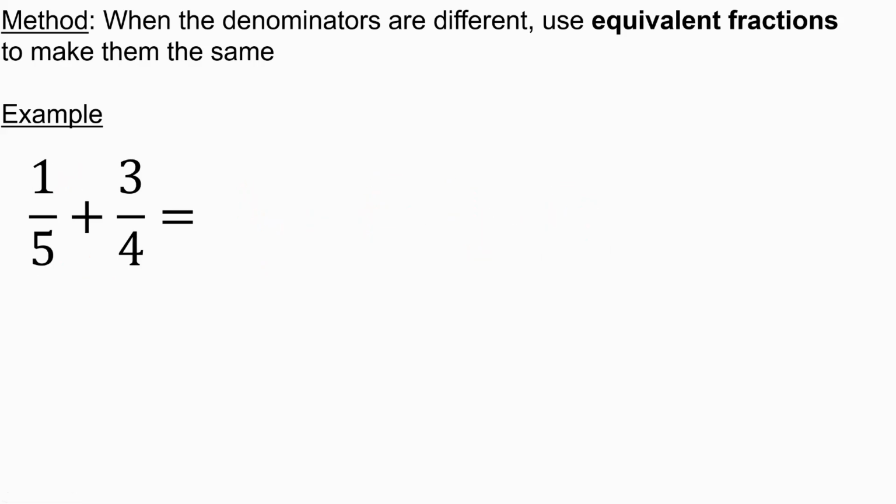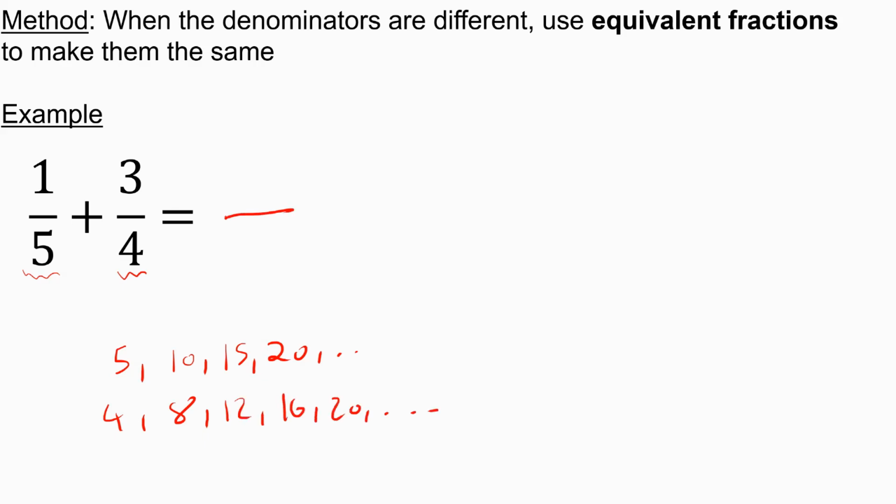Here, it's a little bit different because we might need to change both of the denominators. We look at the lowest common multiple of 5 and 4. And if we look at the times tables, we should notice that that is going to be 20. So I need to multiply 5 by 4 to get 20.